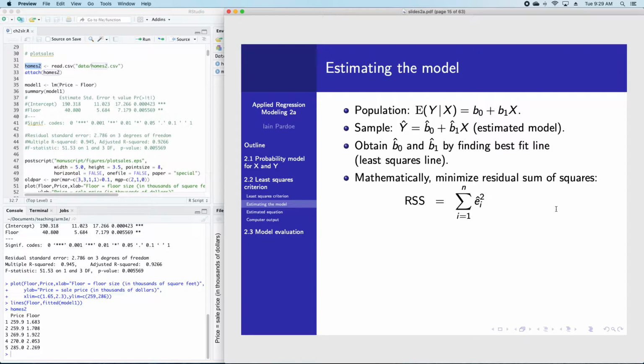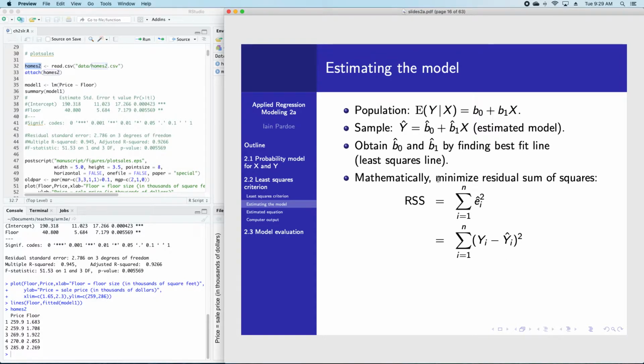Well, mathematically, we're going to minimize the residual sum of squares. The residual sum of squares, RSS, is the sum over the sample, i equals 1 to n, of ei hat squared. What is ei hat? Well, ei hat is the residual between the observed value of y and the fitted value of y.